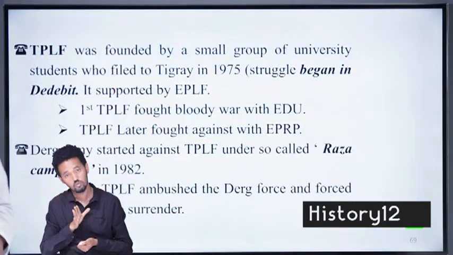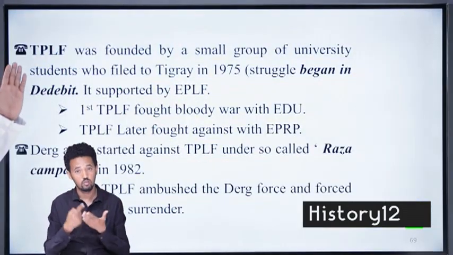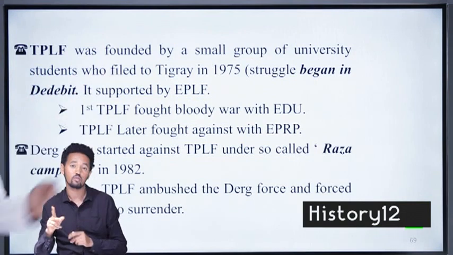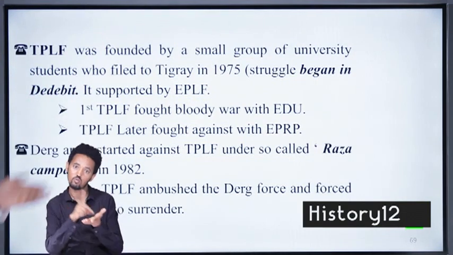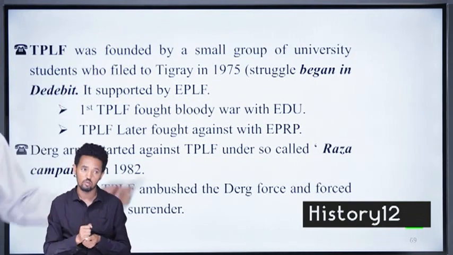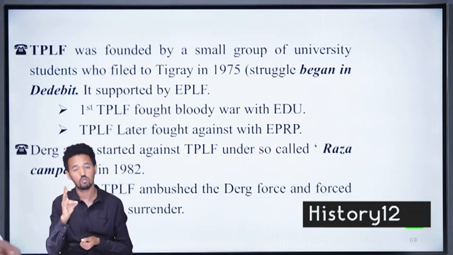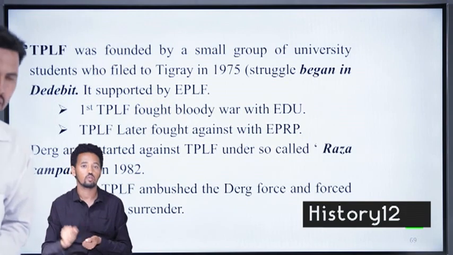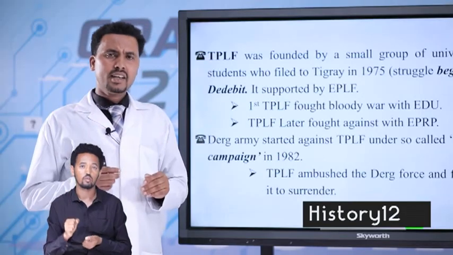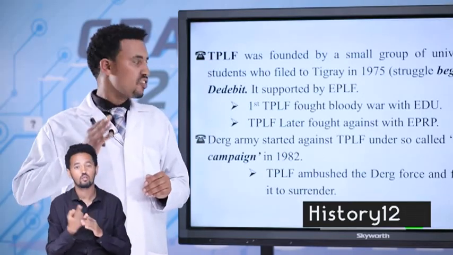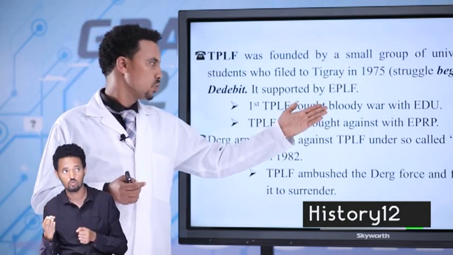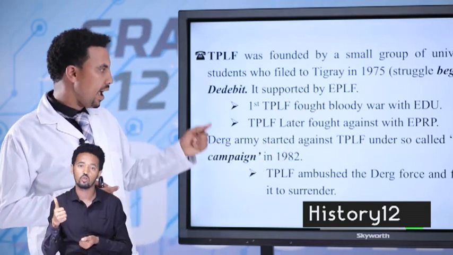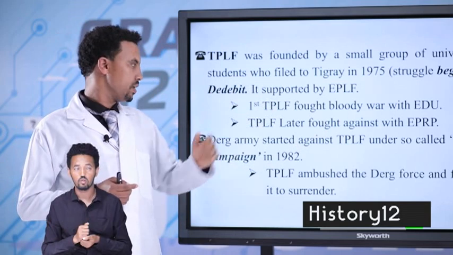Then TPLF, or Tigray People Liberation Front, was founded by a small group of university students who fled to Tigray in 1975. The struggle began at Dadabit. It was supported by EPLF. At the beginning, the TPLF fought with EDU, Ethiopian Democratic Union, and EPRP.